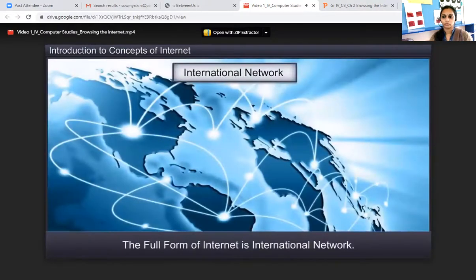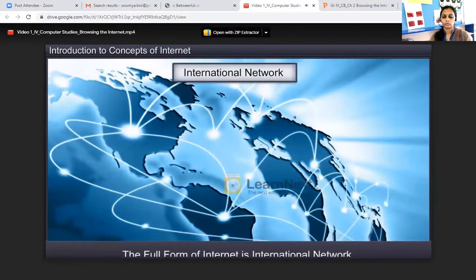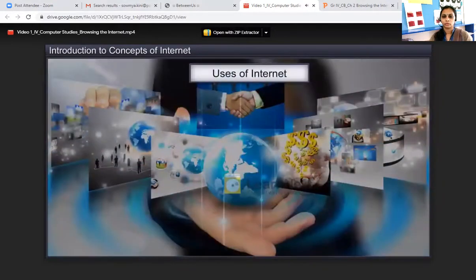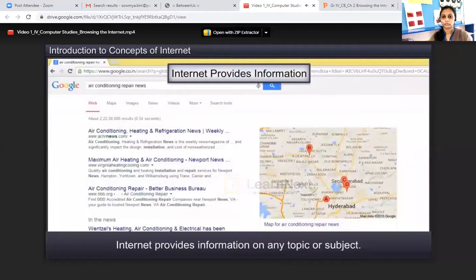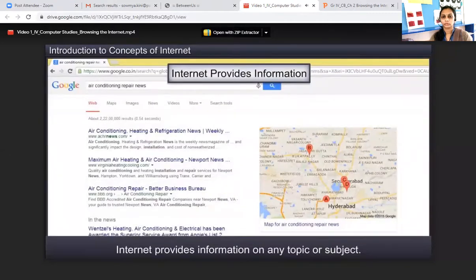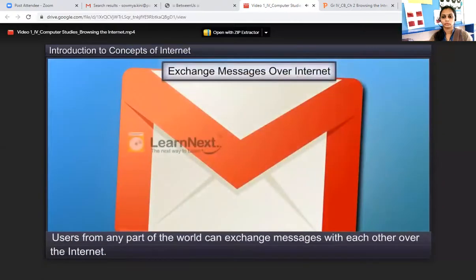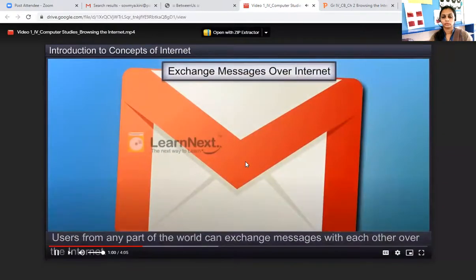The full form of Internet is International Network. Let us learn about the usage of Internet. Internet provides information on any topic or subject. Users from any part of the world can exchange messages with each other over the Internet.